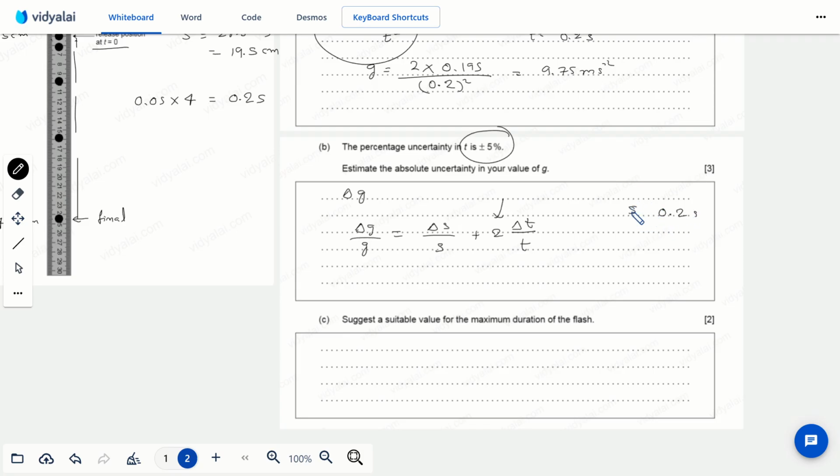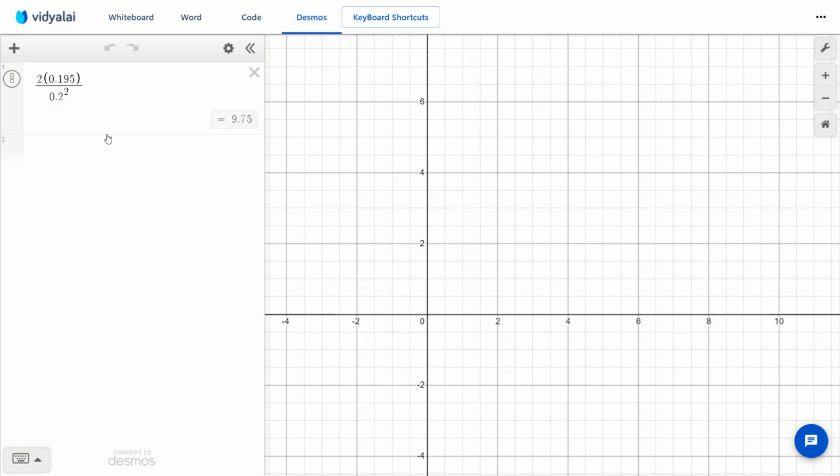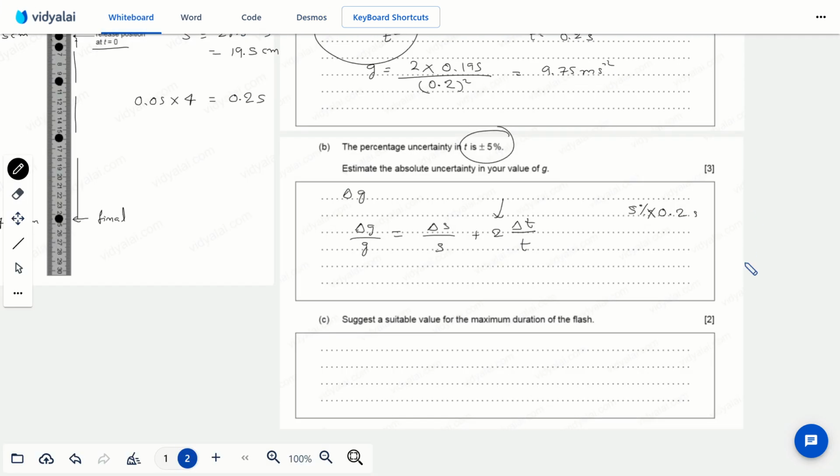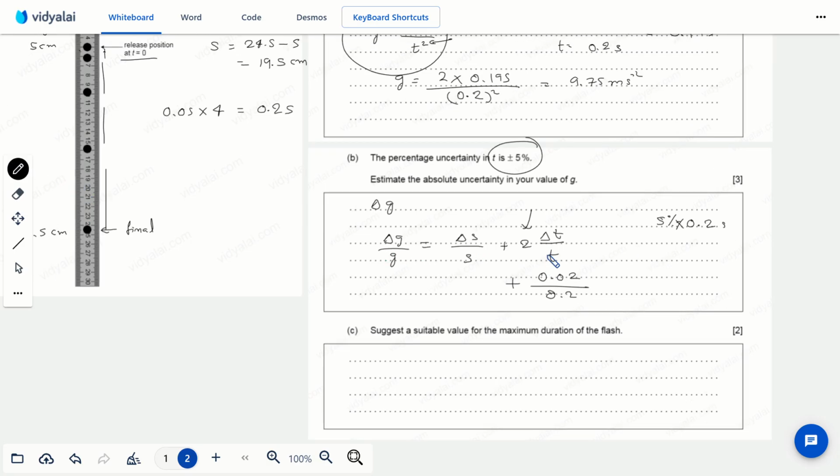So 5% of 0.2 is 0.01, and we need to multiply that 2 times. So 0.02 divided by 0.2. So we have that term substituted and also a bit simplified.